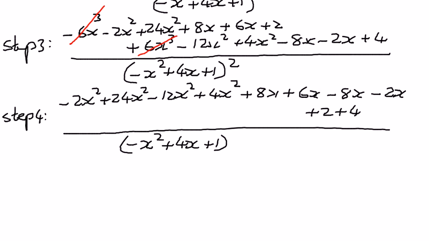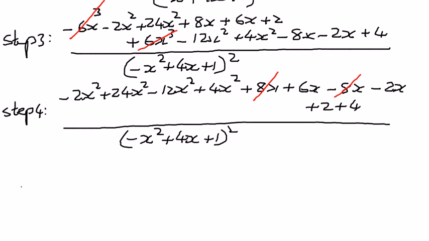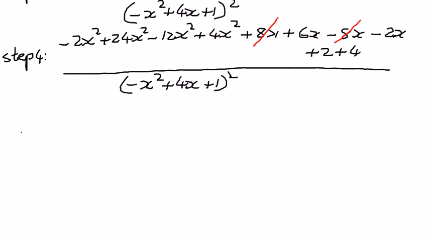This whole thing is raised to the power of 2. As we can see here, we have a positive 8x and a negative 8x, those cancel out. Therefore, we are now ready to simplify some more, and the way to do that is as follows. In step number 5, we'll simplify it some more.